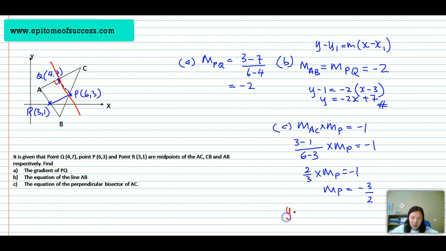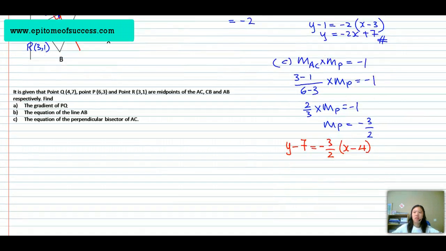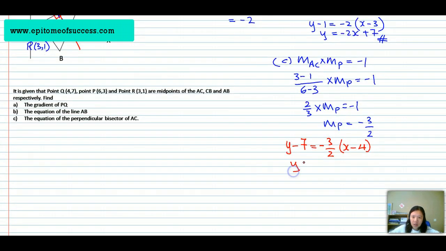So now substitute this, y minus y1. It passes through the midpoint, obviously, of point Q. So y minus 7 equals the gradient times x minus x1, which is 4. Okay, let's go down. So that is y equals -3 over 2 x plus 6 plus 7.